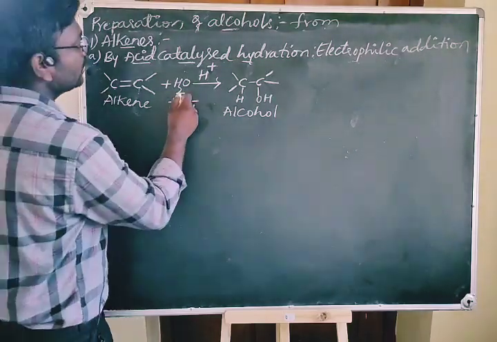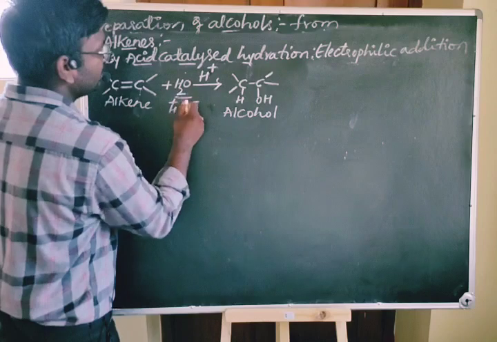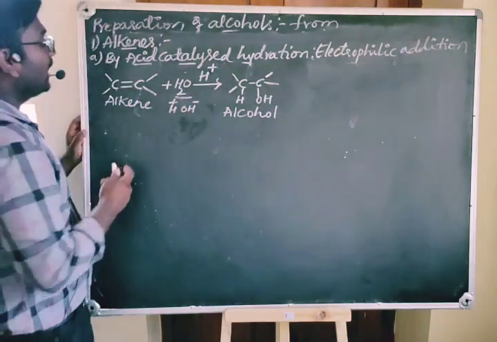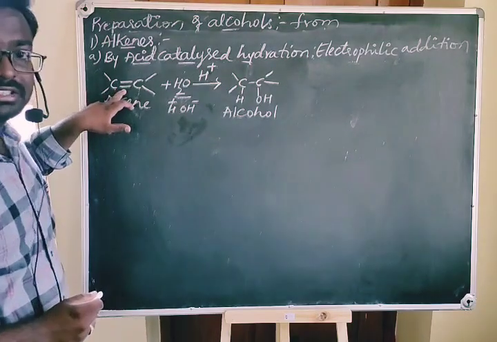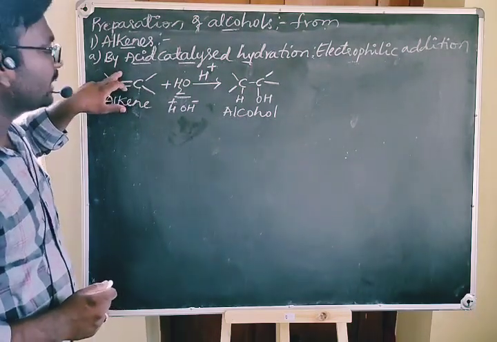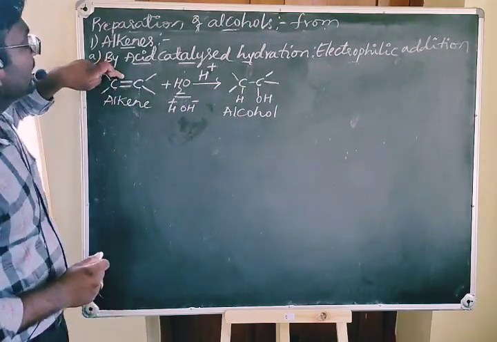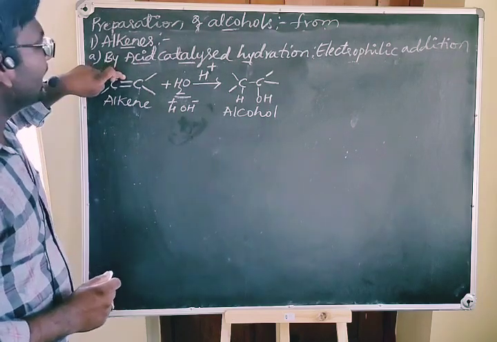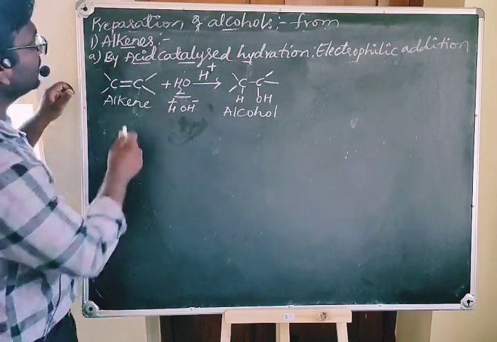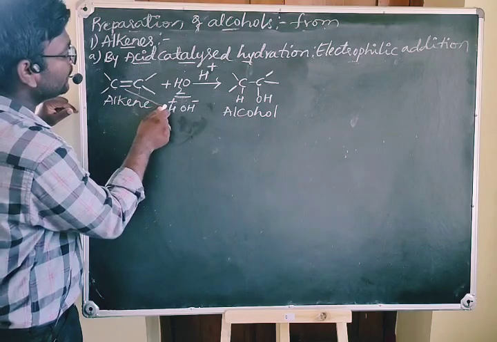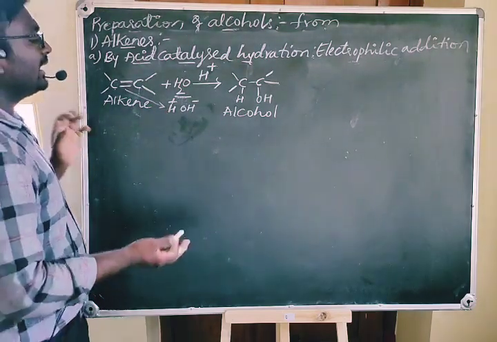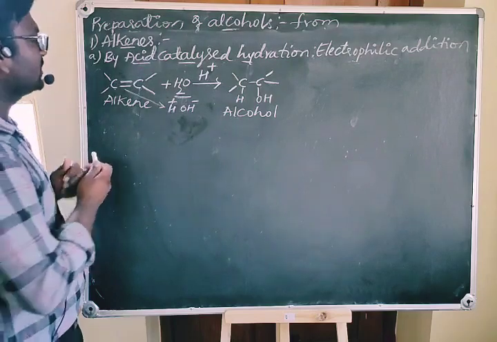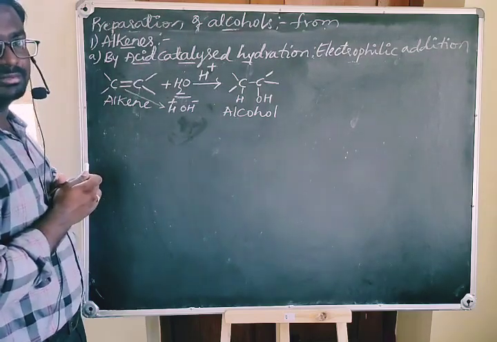Because when you consider the H2O structure like this, here we have a double bond. Here the sigma bond is present and the pi bond is present, where in the pi bond the pi electrons are loosely bound. These will first take up the H plus ion. So it looks like the attack of H plus ion first onto the carbon atoms.